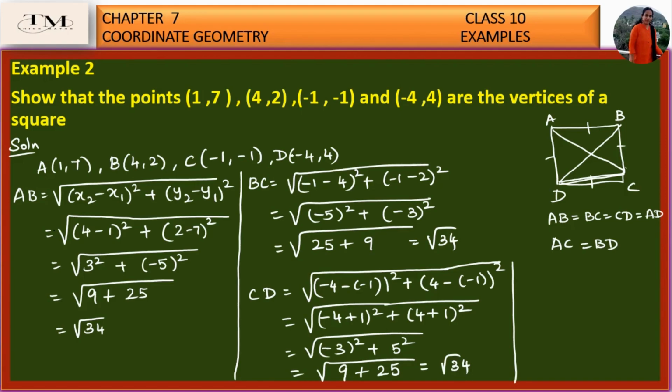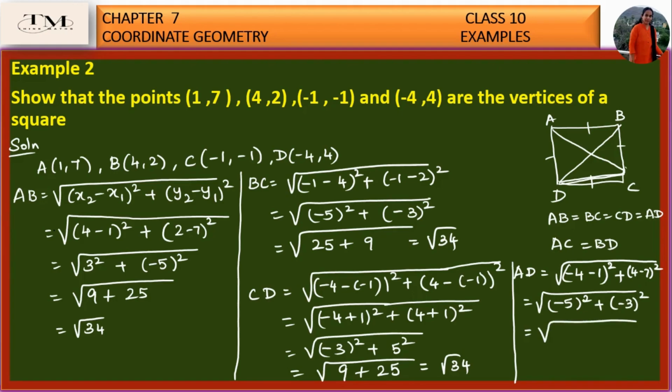Okay. So let us check the last side AD. So AD is equal to square root of, this is x1, y1, x2, y2, so (minus 4 minus 1) whole square plus (4 minus 7) whole square, which is equal to minus 4 minus 1 is minus 5 whole square plus 4 minus 7 is minus 3 whole square.